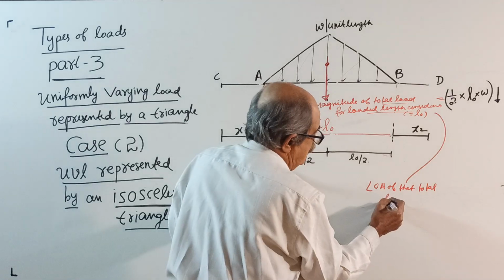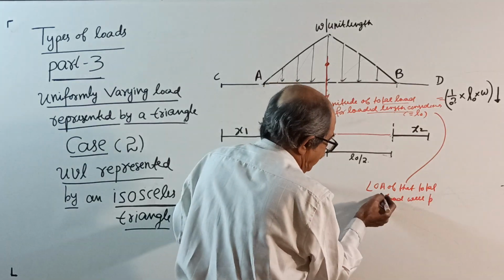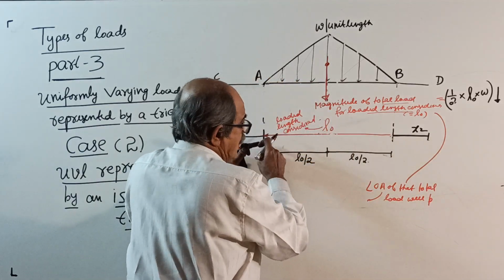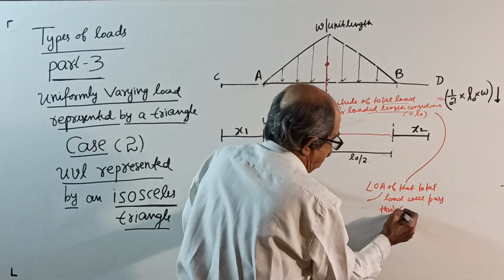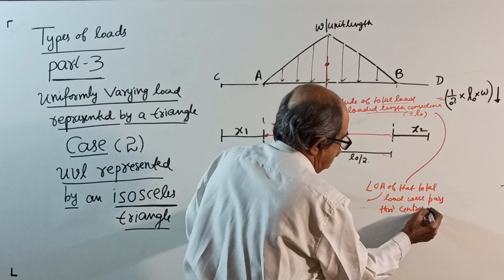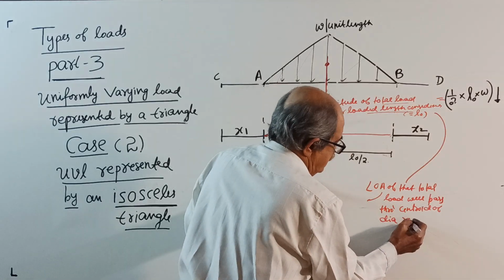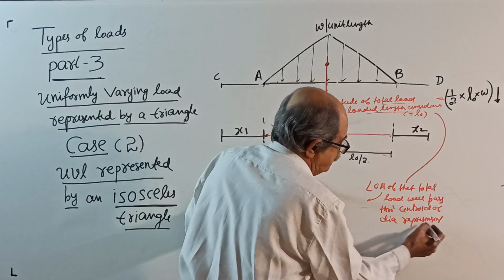That total load will pass through, you should write, if you want, write here: the line of action of the total load, that is for the loaded length of L0, will pass through the centroid of the diagram representing the load. Dia means diagram, not diameter.